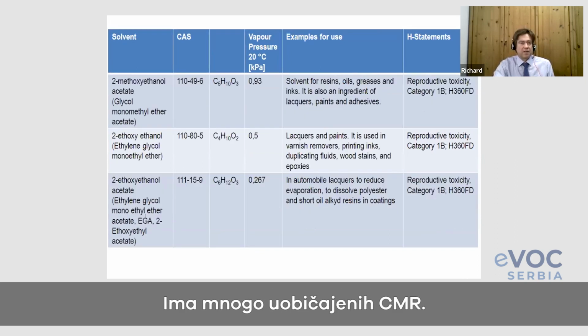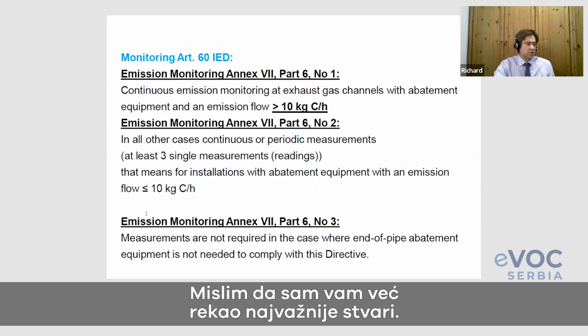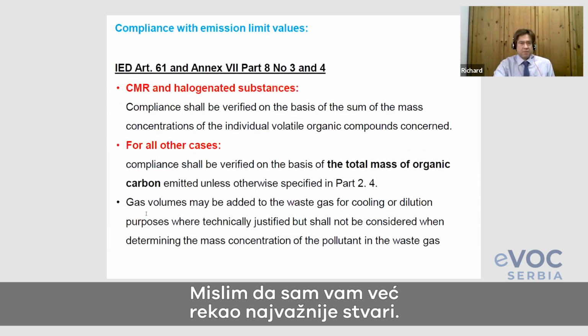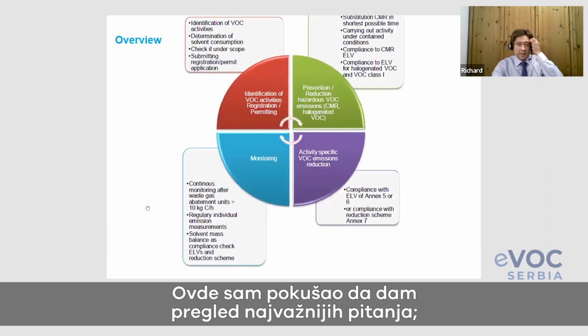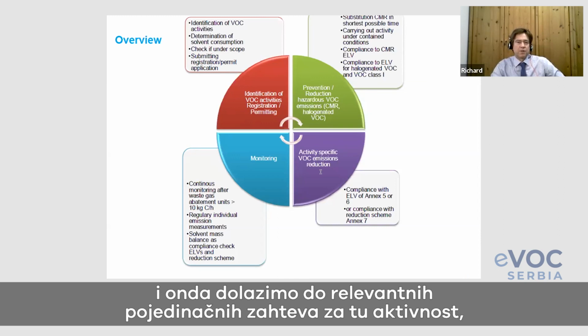So there are a lot of common CMRs. I think I told you already the most important thing. Here, I tried to summarize the most important issues. So if you have now identified your VOC activity, you have to look at the specific requirements, and then we will come to the relevant individual requirements for the activity.